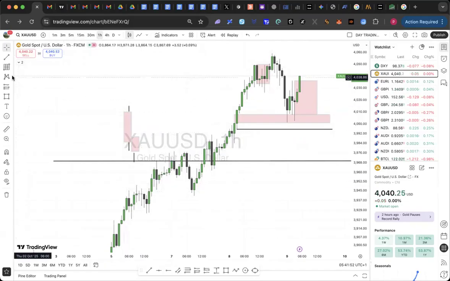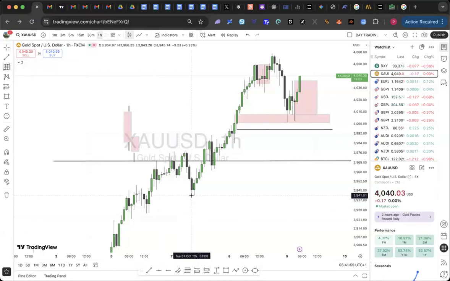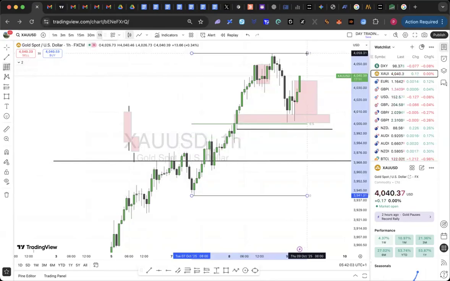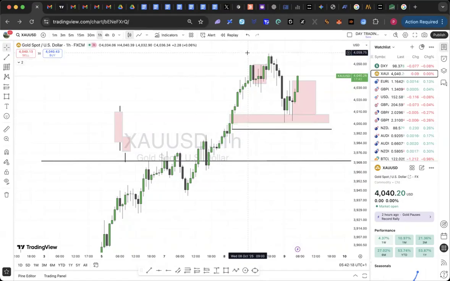So I want to find an entry by using my Fibonacci retracement, or even my gun box. Can you see my gun box? It actually came to my gun box, though it didn't come to a discount level. Coming to the discount level would have been more fantastic though. But no problem. All right. So you can see I've entered, and now I'm going to use my Fibonacci retracement level.